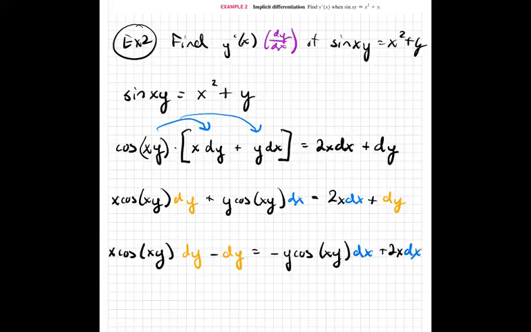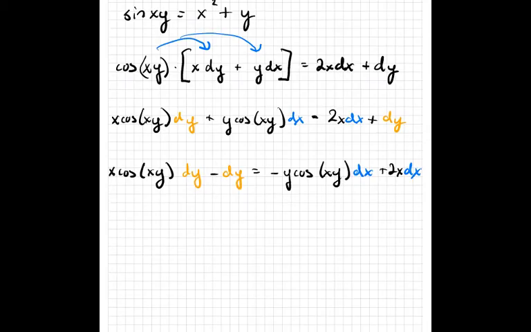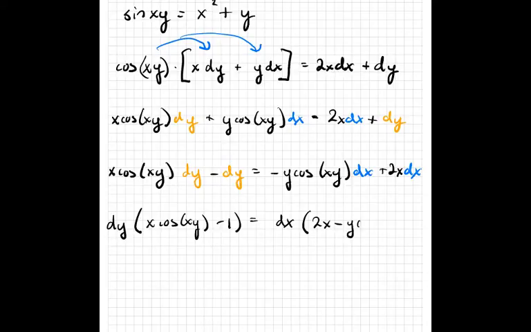Now let's factor out the dy. On the left, we're going to get dy times x cosine of xy minus 1 equals dx times, I'm going to rewrite it as, 2x minus y cosine of xy.